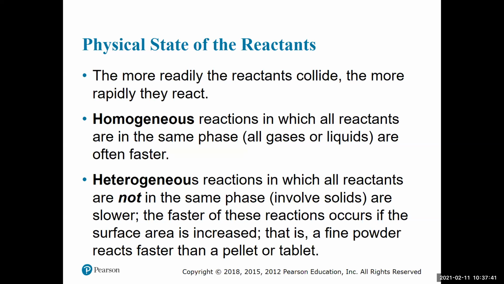In a heterogeneous reaction, the reactants are not in the same phase, and usually you have a liquid and a solid. One way you can speed up those heterogeneous reactions is to take the solid and increase its surface area, so in other words, more exposure. That can be done by making the solid into a powder rather than just a chunk of something sitting in the reaction vessel.